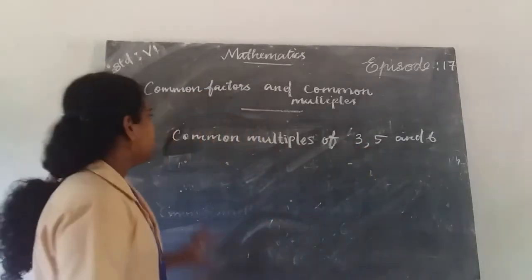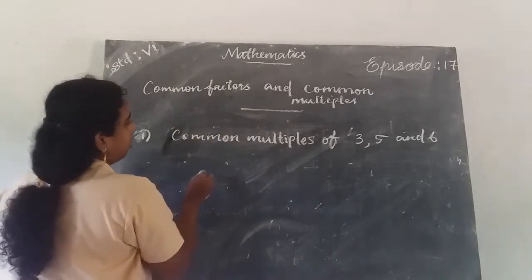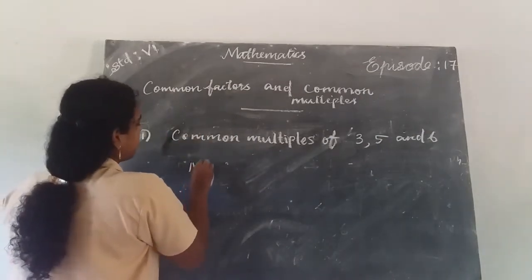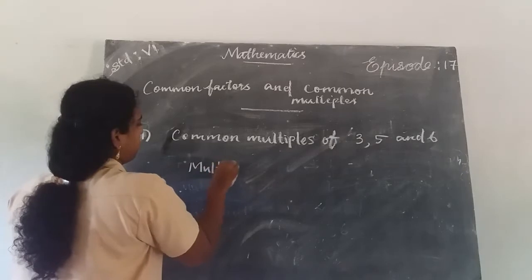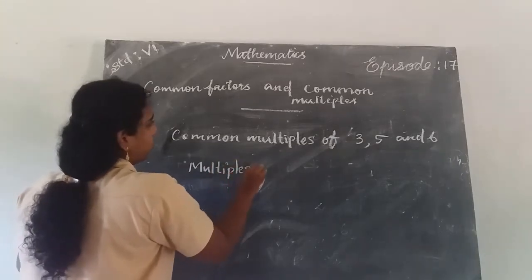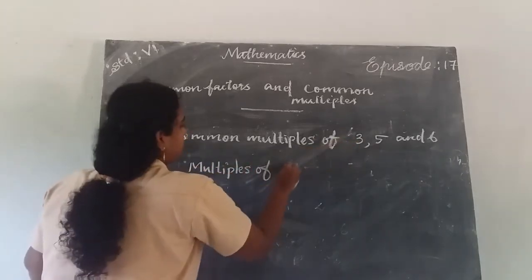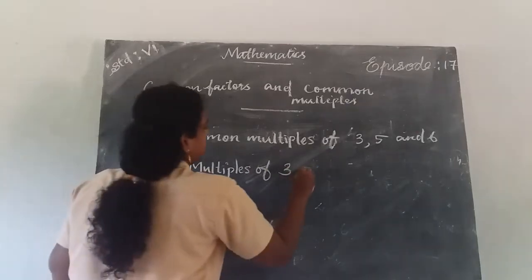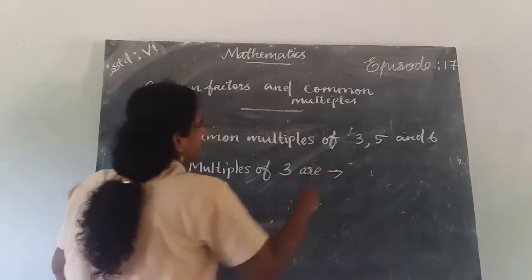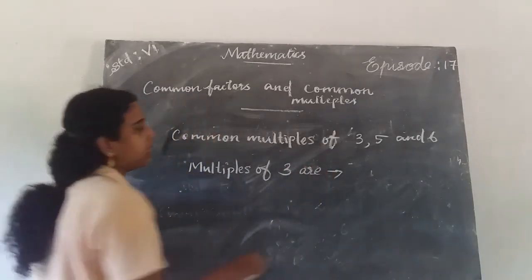Okay, so first write the multiples of, first number is 3. So multiples of 3. Multiples of 3 are 1 3 is 3.